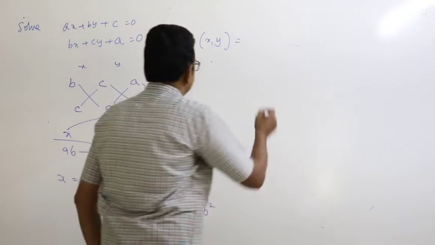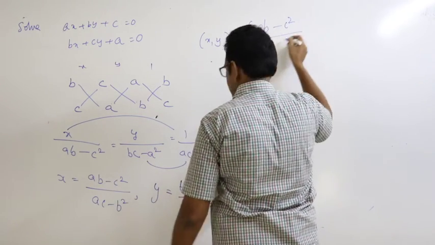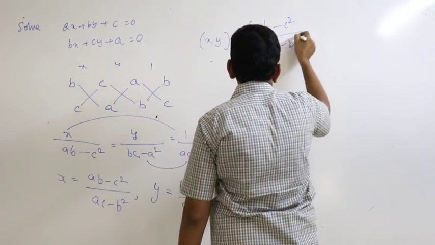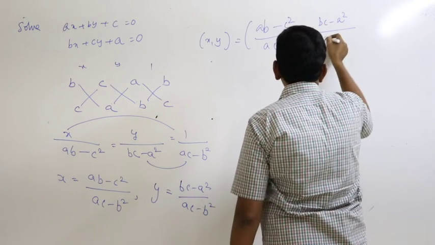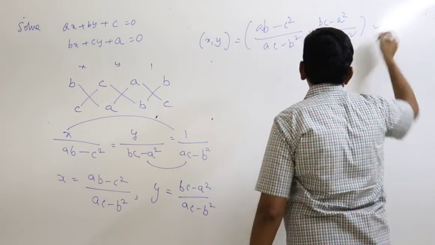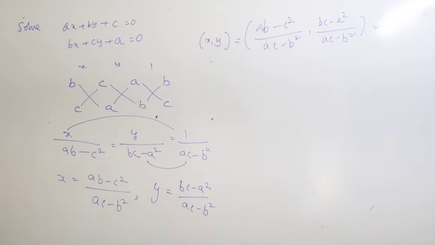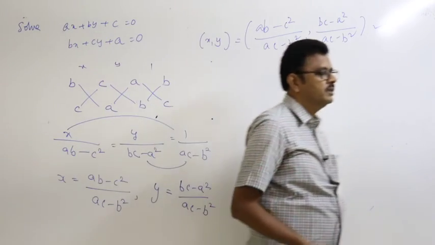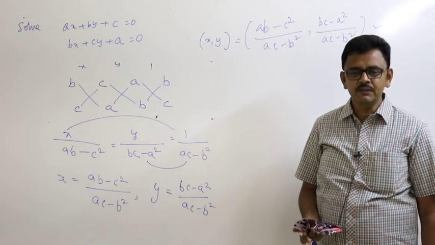X comma y equals ab minus c square by ac minus b square, comma, bc minus a square by ac minus b square. So these are very important when we discuss coordinate geometry, point of intersection of lines, everywhere.